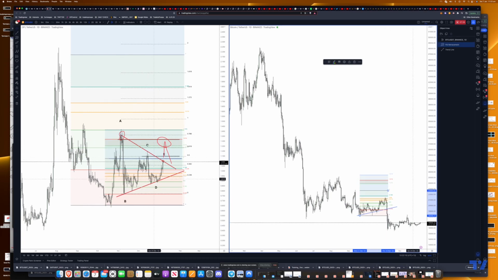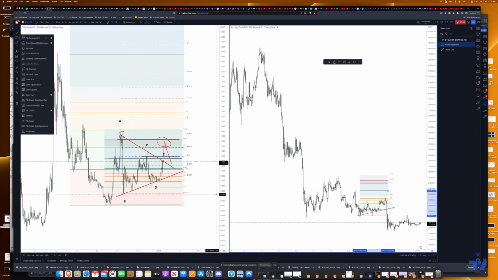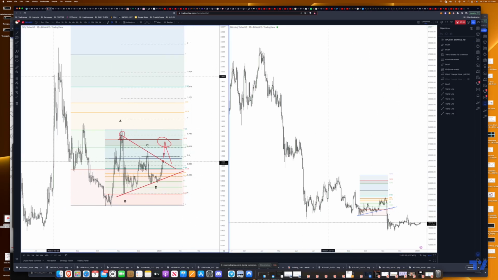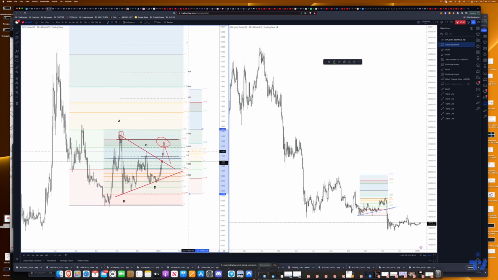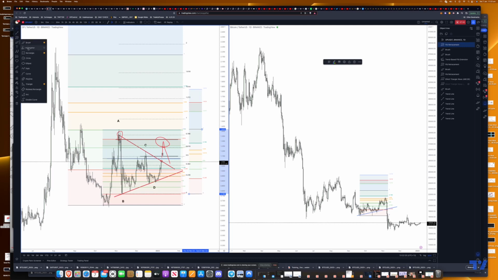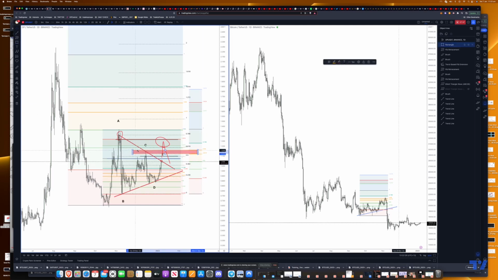So if we were to do that, and I think we've already done it, maybe from this level, if we do a 618, let's see our danger zone. That's our danger zone right here. So yeah, that is our danger zone, and a potential fake out.